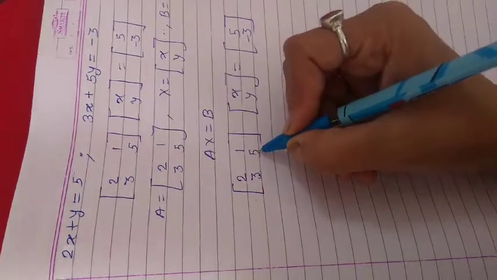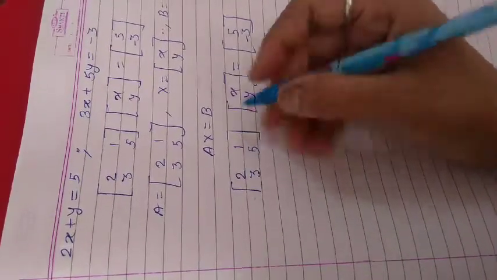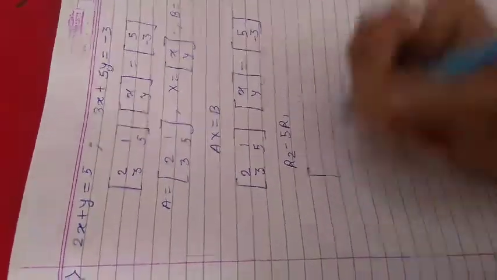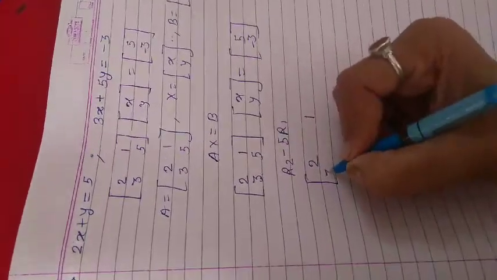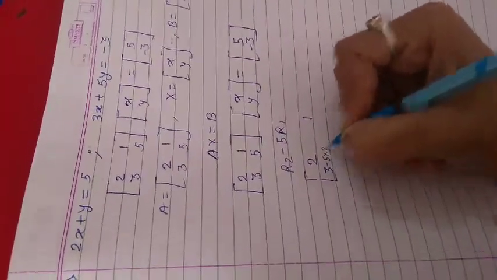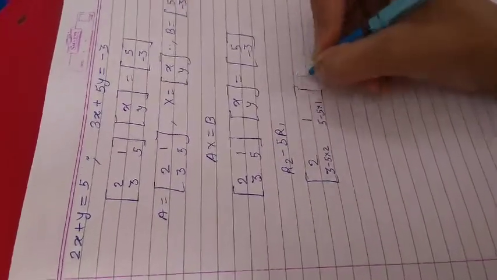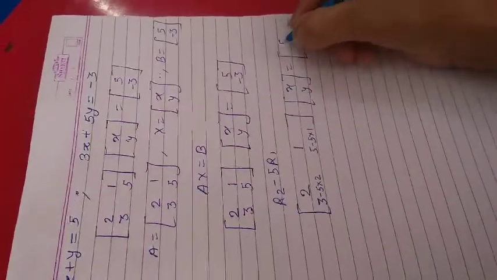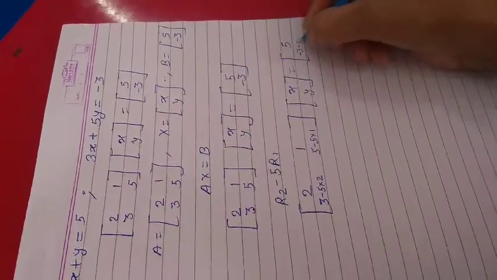Now suppose here 5 is there, so in R2 we'll subtract 5 times R1. So R2 minus 5 times R1. R1 remains the same, this is 2 1. Now this is 3 minus 5 times 2 (R1), 5 minus 5 times 1 (R1). Now x and y as it is. This is 5 as it is, and then minus 3 minus 5 times 5.